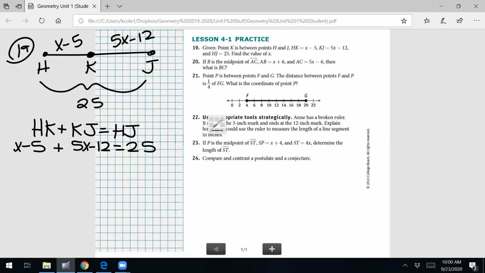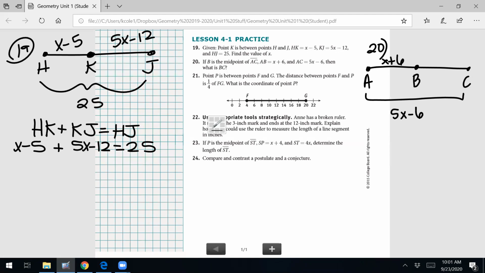All right, over here for 20 though, this one is the midpoint. So you've got A and you've got C, and B is your midpoint. So it tells us that AB is X plus 6, and the entire thing is 5X minus 6.